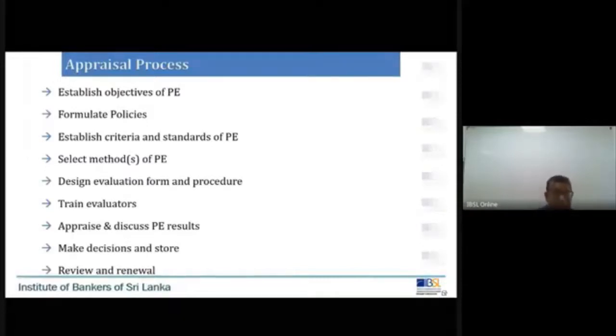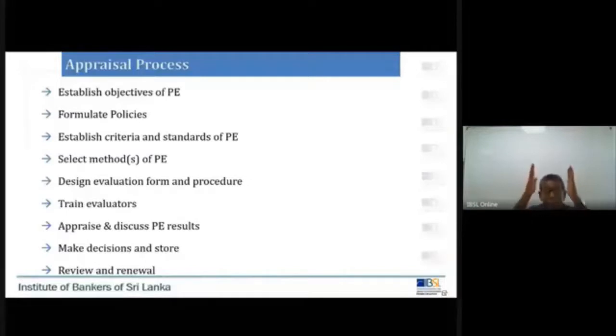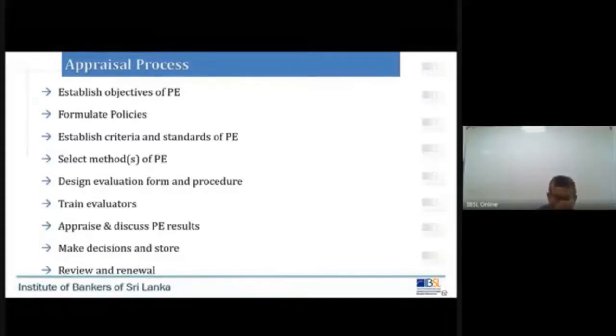Now, next one is designing evaluation forms. Basically there are standard printed forms available. Most of the time, based on that evaluation sheet, your manager or your boss is going to evaluate. In the evaluation process, you have the areas you need to measure: attendance, functionality, knowledge about your product and services, treatments, achievement of targets, all things are there.